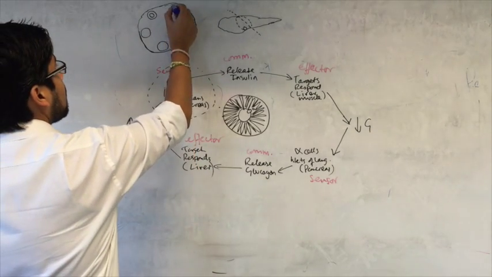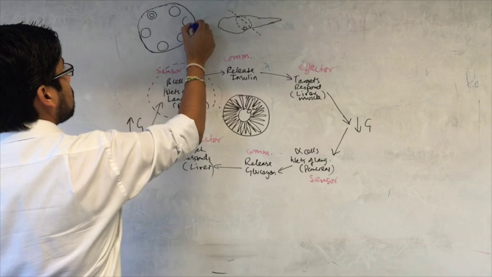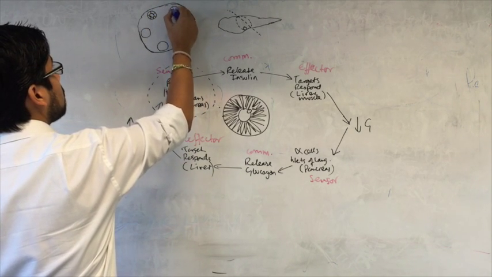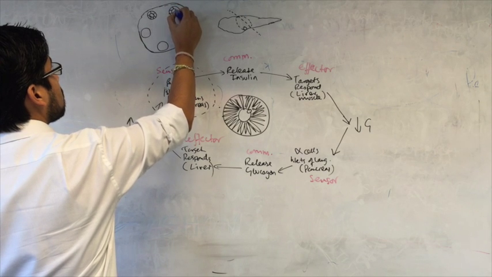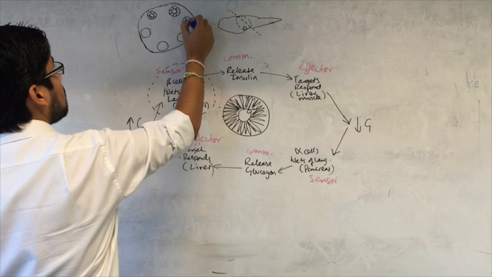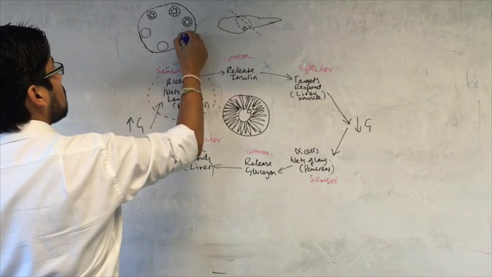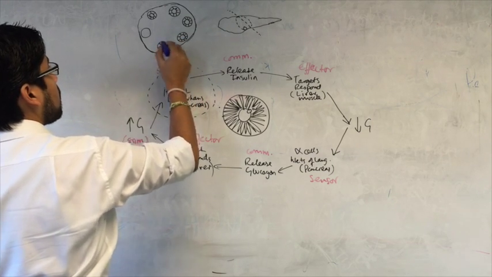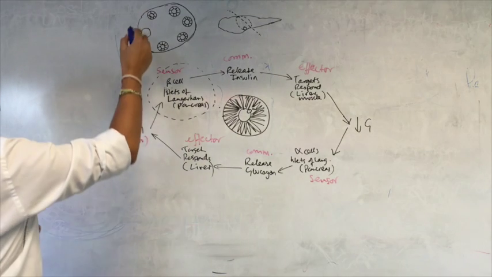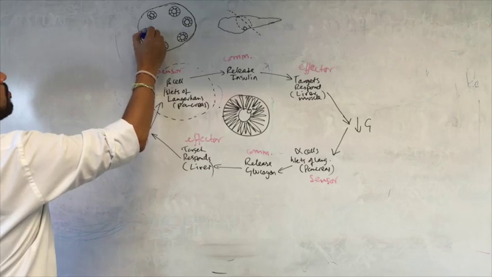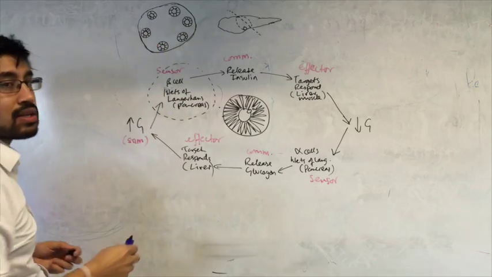But there are some cells arranged in a tube, a cylindrical arrangement, and they secrete enzymes directly into a hollow space, and the tube formed by these cells eventually joins up to form the pancreatic duct.